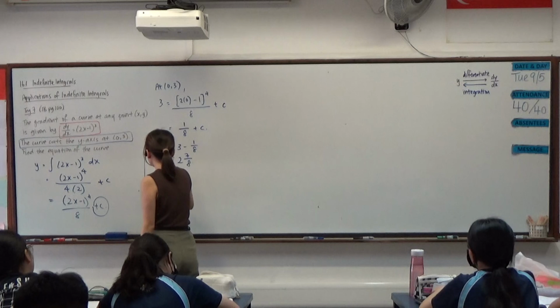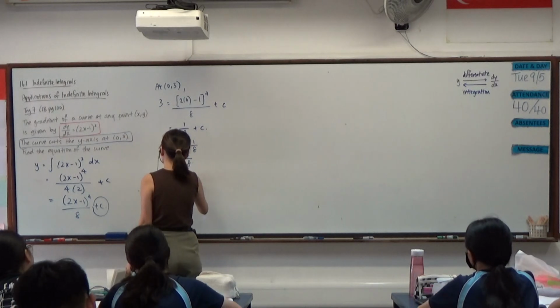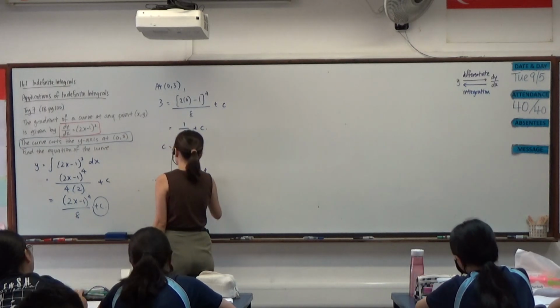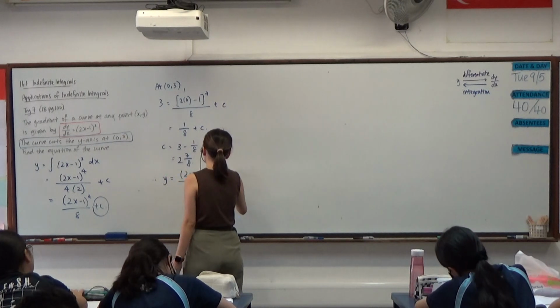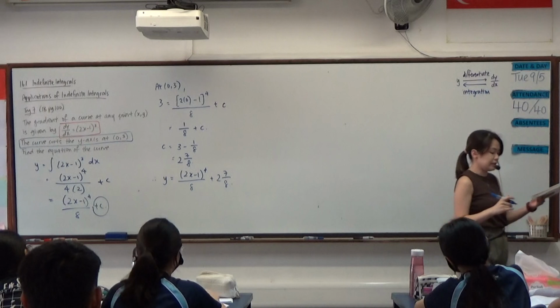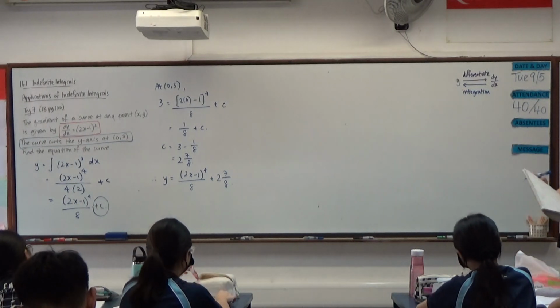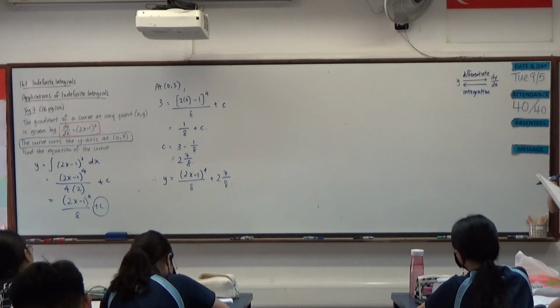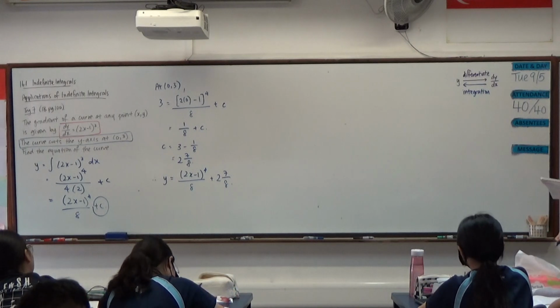And therefore, the equation of the curve will be given by y equals (2x minus 1) to the power of 4 over 8 plus 2 and 7 over 8.